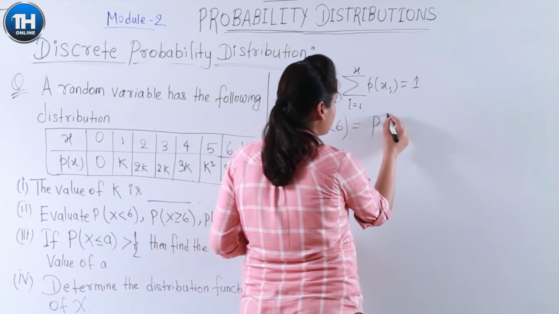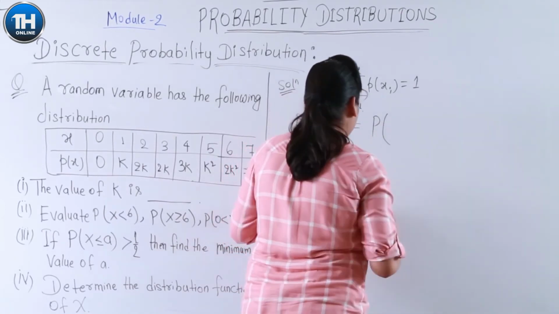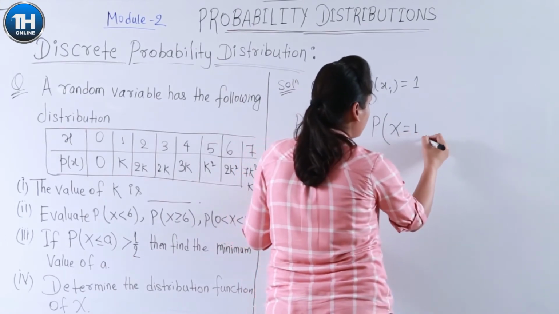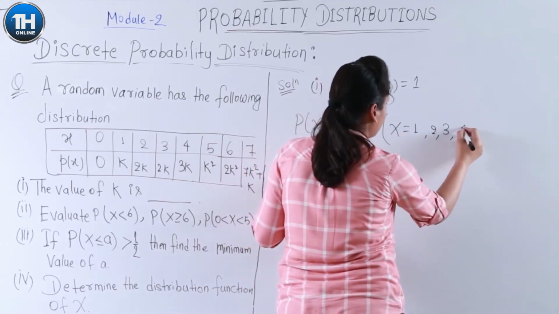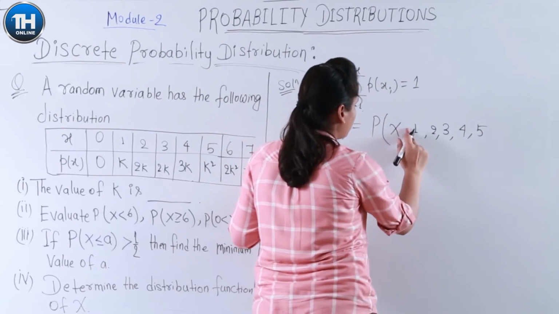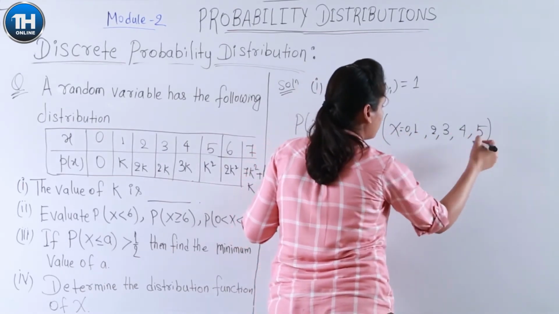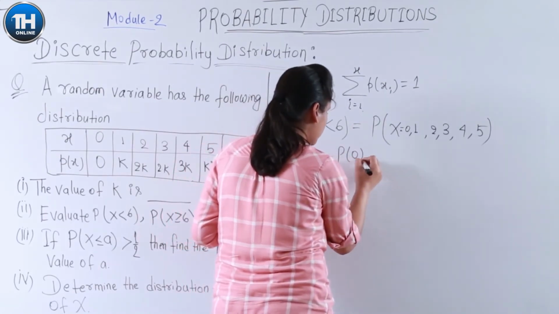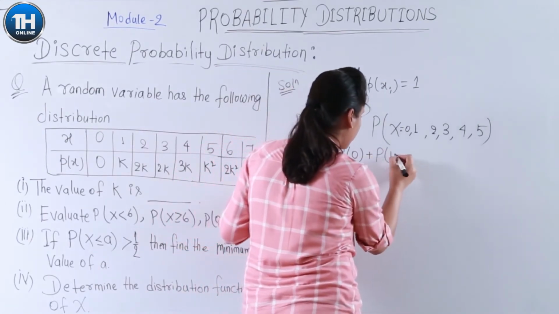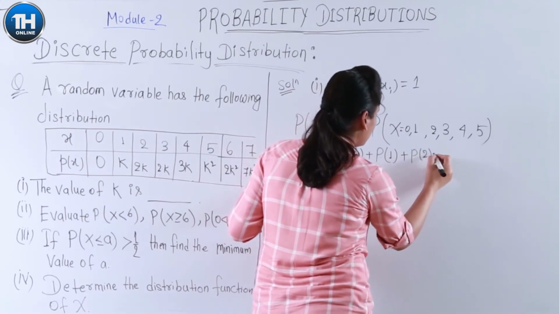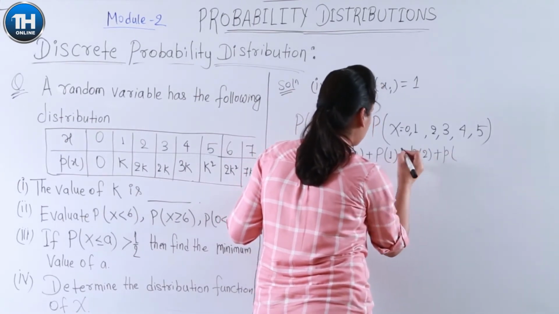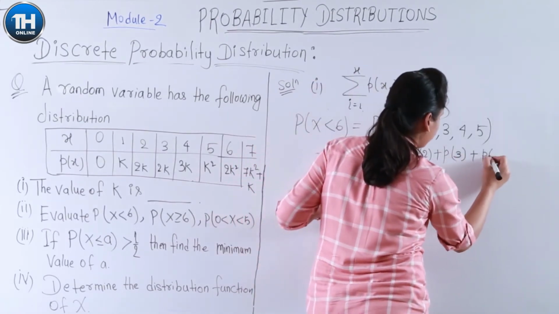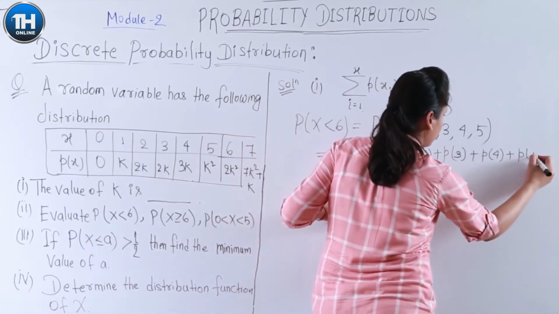P of x less than 6 is equal to P of x for x equal to 0, 1, 2, 3, 4, 5. This will be equal to P of 0 plus P of 1 plus P of 2 plus P of 3 plus P of 4 plus P of 5.